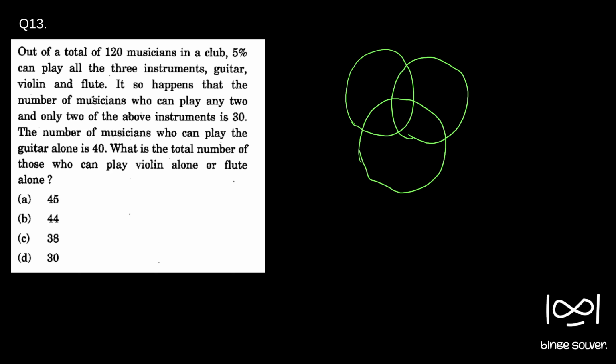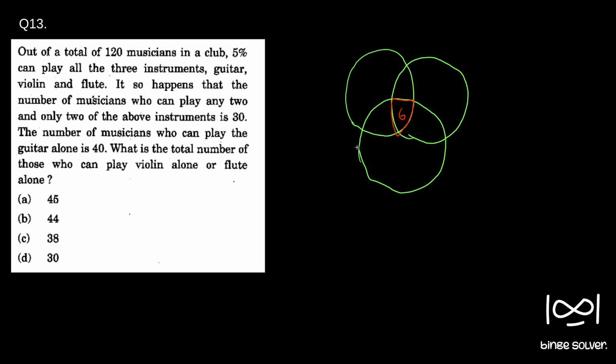Since the rest of the figures are given in absolute numbers and only one is given in percentage, we will right away convert this percentage into a number. 5% of 120 musicians play all three instruments. 10% of 120 is 12 and 5% is 6. So I will just mark this region as 6.